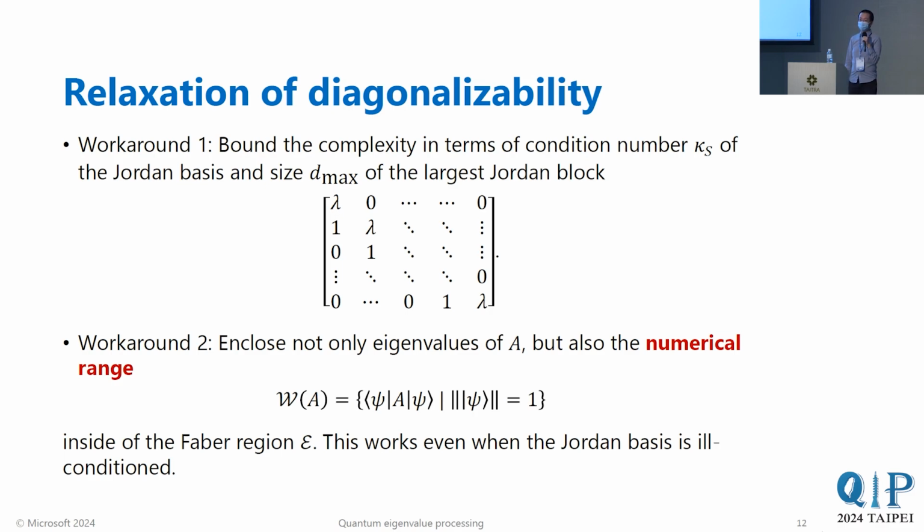So you can find diagonalizable matrices that are very close to your target non-diagonalizable matrix, but you introduce a huge condition number, which I think scales exponentially with the size of the largest Jordan block. If I remember correctly, the argument is that you have some Jordan form and you try to perturb the Jordan form so that you can get a diagonalizable matrix. But I would guess that that will introduce a big condition number if you apply that argument.